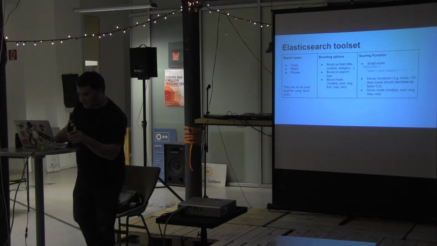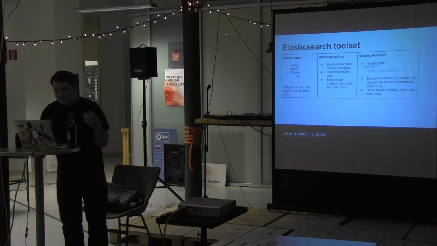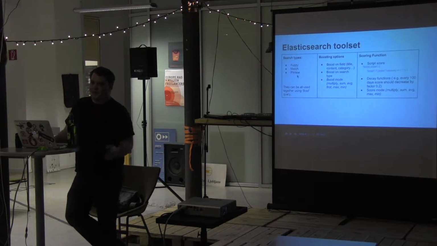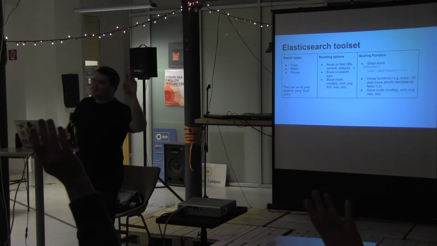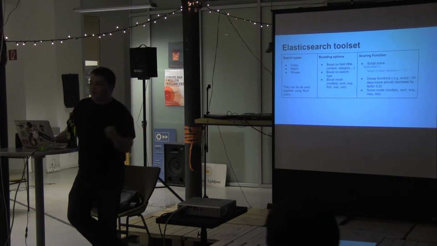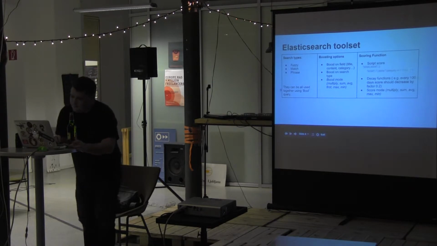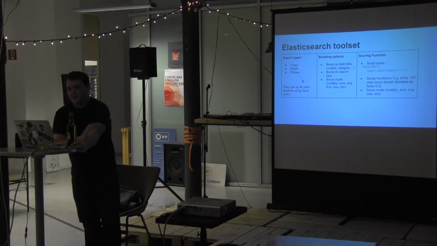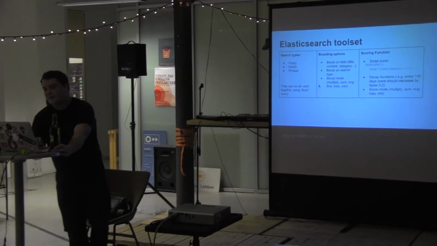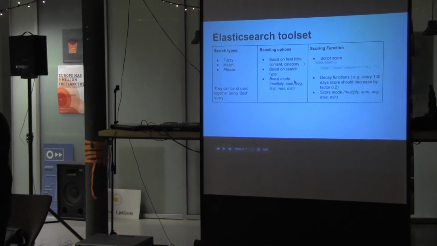So as I said, we used Elasticsearch. First about Elasticsearch, it is a search engine, do you know it? Who knows Elasticsearch? It is promoted as working out of the box, and it is to some extent, but when you want to fine-tune it, you get really messed up, because the documentation is quite bad.